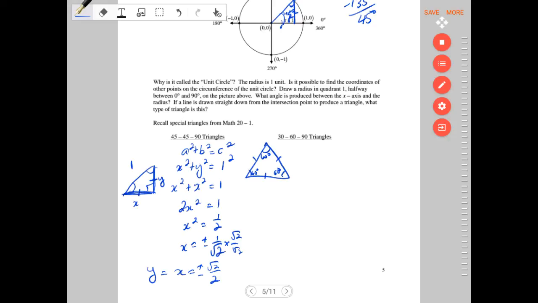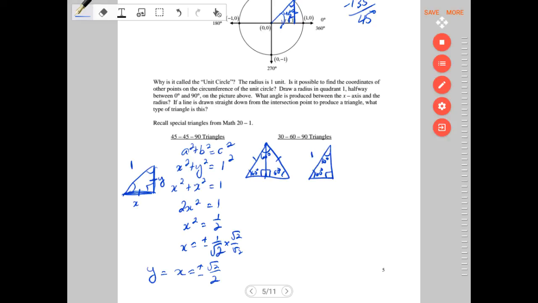Now, if you were to draw a line straight down from the top, you would produce two right triangles of equal size, congruent. And so you would get this situation. So this produces a right angle. This is still 60 degrees. This is half of 60, so 30. And now we have a 30, 60, 90.